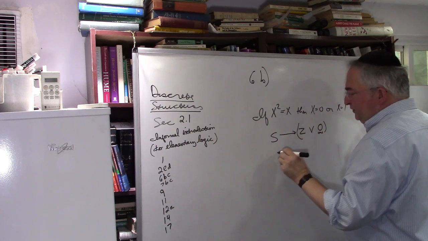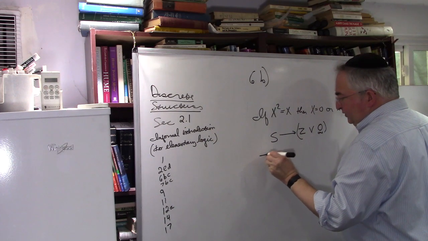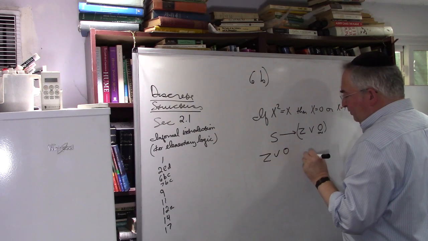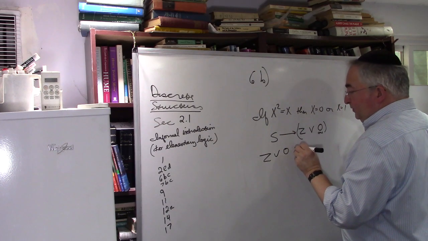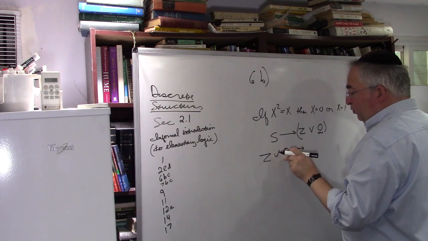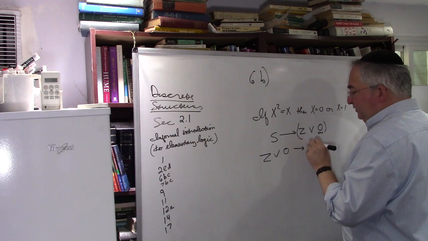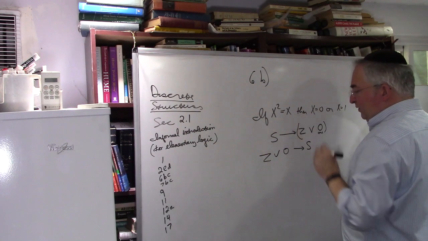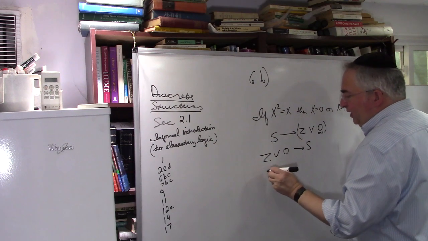The converse is Z or O implies S squared. Okay, so now let's write it out.